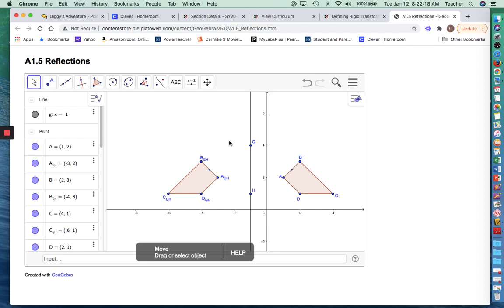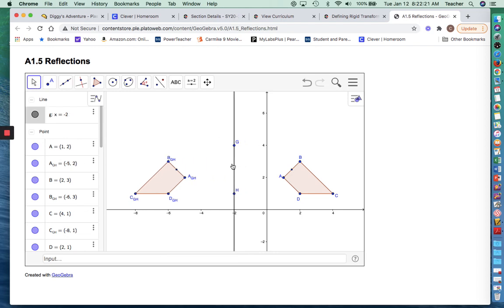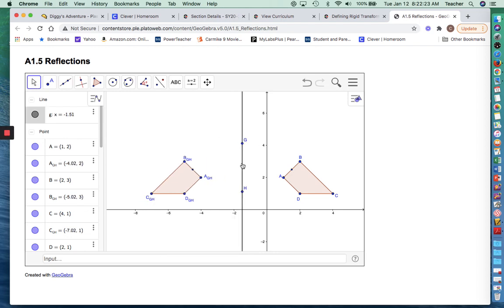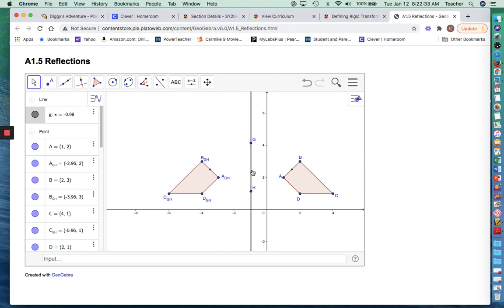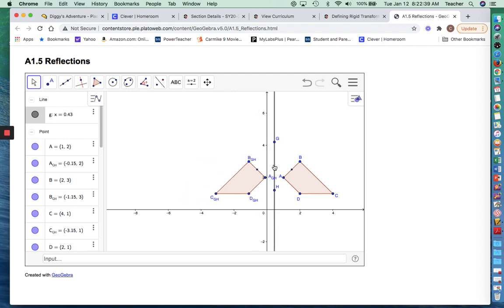Alright, so there's my move. It's already there. Alright, so if I move it, if my polygon gets further away from the line of reflection, then my new polygon will also be further away. The closer it gets on the pre-image, the closer it gets on the image. If I have it touch, then naturally it's going to touch the image.